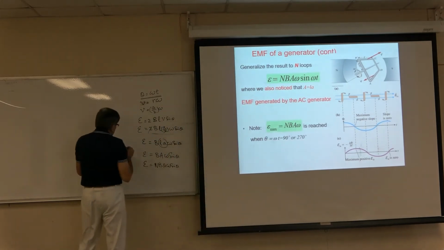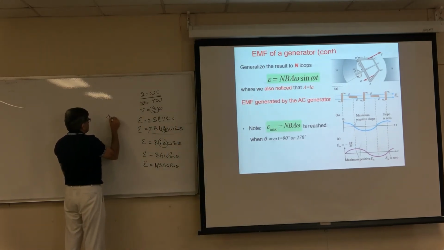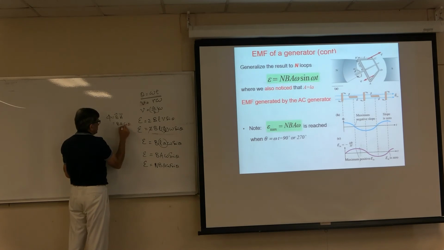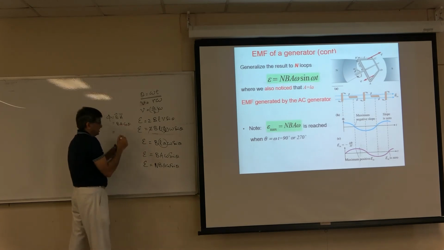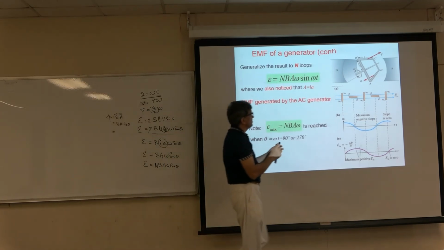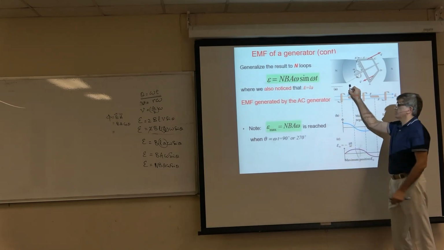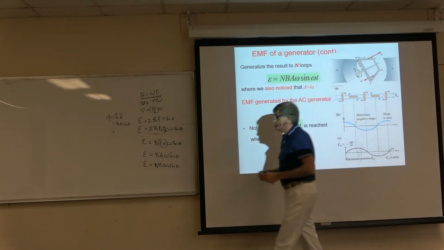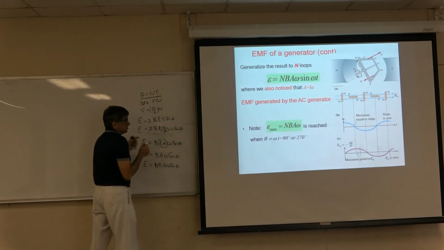So that means B dot A, which means B times A cosine of theta, and if the angle between the normal to the area vector over here and the magnetic field lines, which are perpendicular to each other, is 90, cosine of 90 is 0, so the flux is going to be 0.